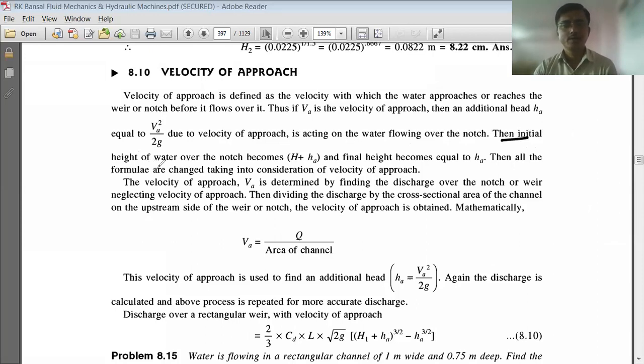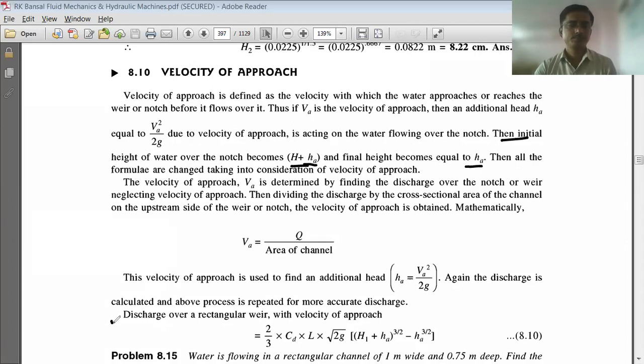Then the initial head of water over the notch becomes H plus HA, and the final height becomes equal to HA. Then discharge over rectangular weir.